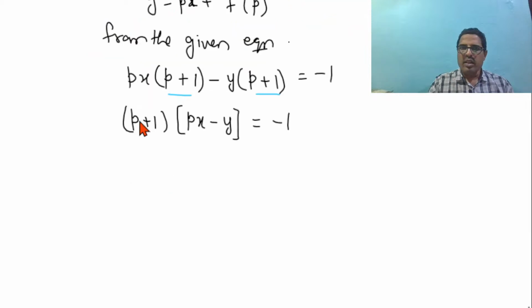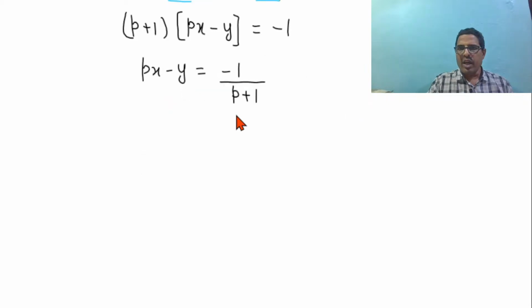Or further, you can take this p plus 1 to the other side: px minus y equals minus 1, divided by p plus 1.